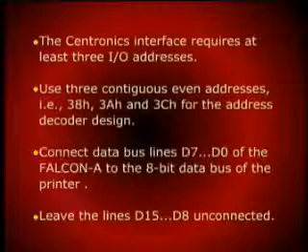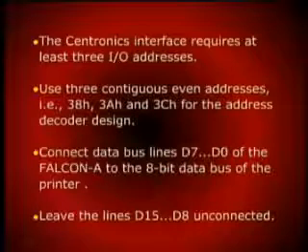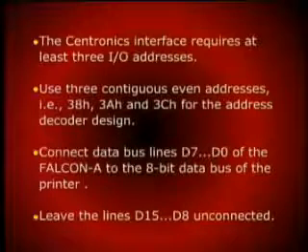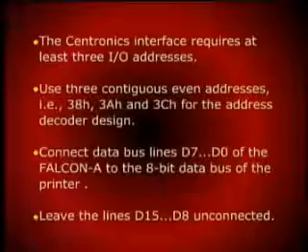Since Falcon A uses the big endian format, this will make sure that the low byte of CPU registers will be transferred to the printer. You may recall that these bytes will actually be mapped on the addresses 39 hex, 3B hex, and 3D hex.